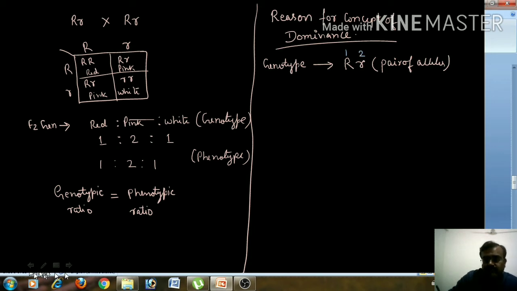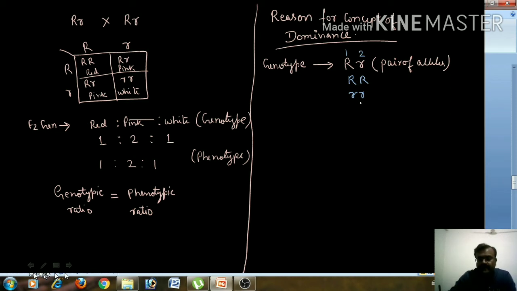And it may be capital R, capital R, or capital R, small r. So in all the cases, a pair of alleles are present.